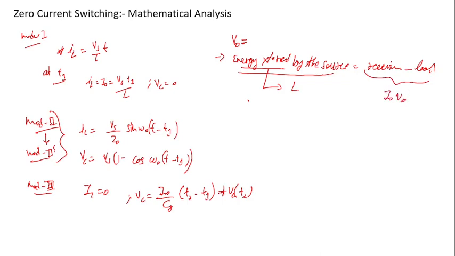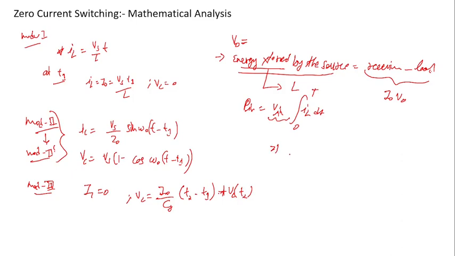Or, sorry, not energy but in terms of power, it should be I naught into V naught. But for the input power, it should be the input voltage, which is constant, as we know, times the inductor current taken over 0 to T.